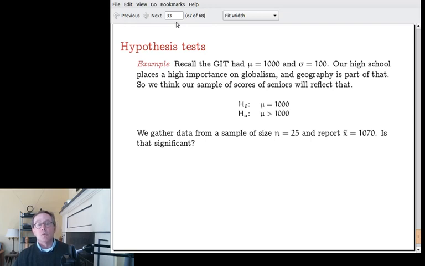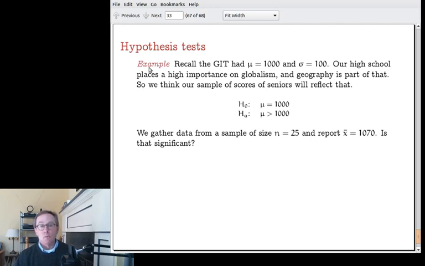Of course, we place a lot of emphasis on globalism and geography, so we think our students will do better than the average bear. So we're going to take a sample of size 25, report an X bar, and hope that we provide strong evidence that HA is right. That our students, that's what mu means in this question, our students, not every student who ever took the test, our students average better than 1,000.